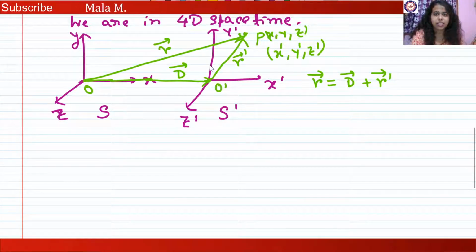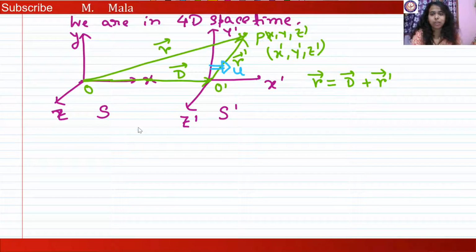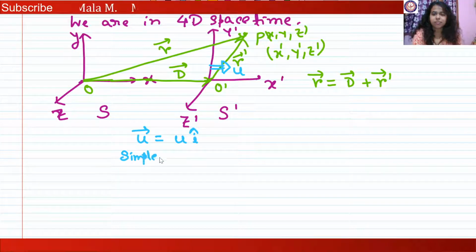Since I have taken the simplest case where the frame S prime is moving with a constant velocity along the x direction, I have taken the velocity u is equal to u i. This is the simplest case.